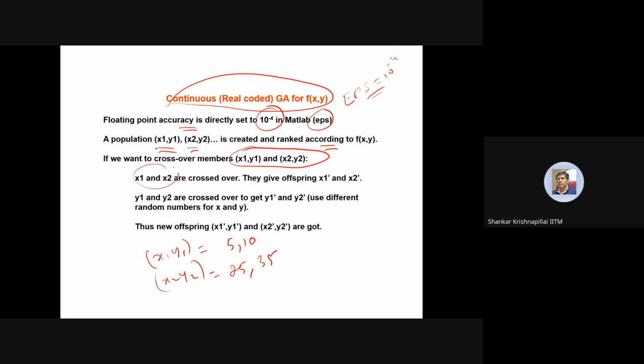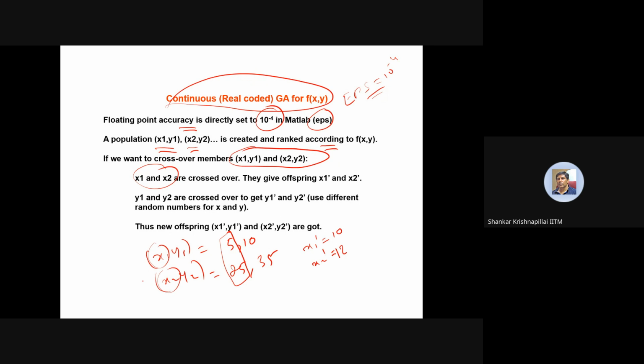X1 and X2 are crossed over separately, so 5 and 25 are crossed over first. That is the X coordinate. That will give X1 apostrophe equal to say 10, X2 apostrophe equal to 12.